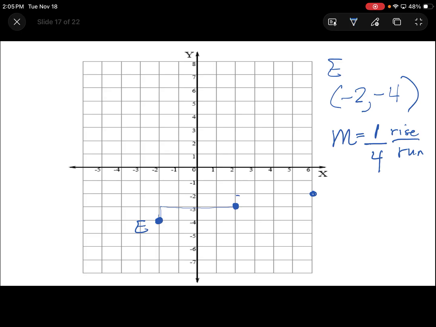What other option would there be? I could go back to E and do the reverse. What would the reverse be? Down 1 and left 4. And I would get a really, really flat line that is positive.